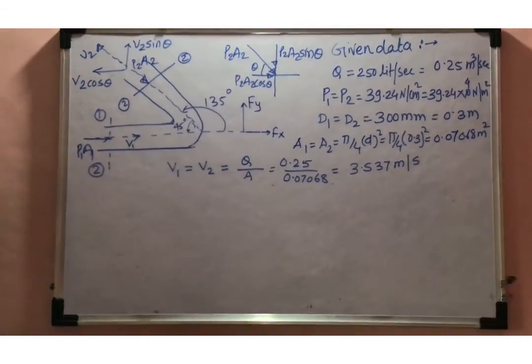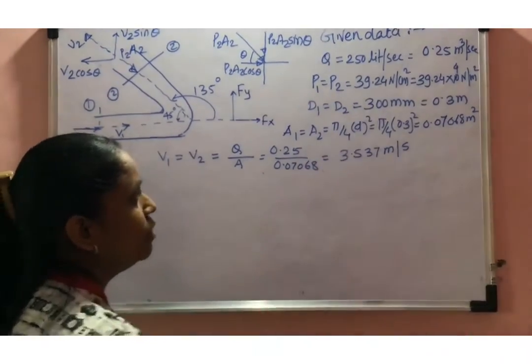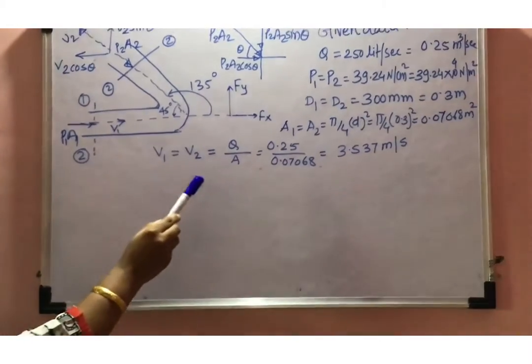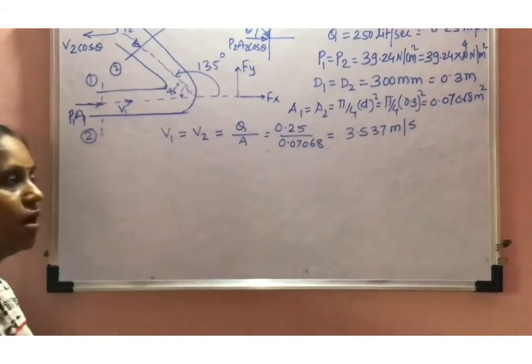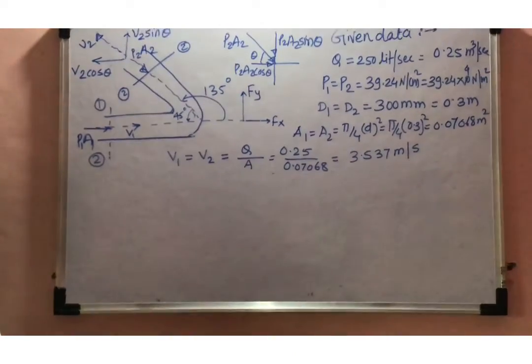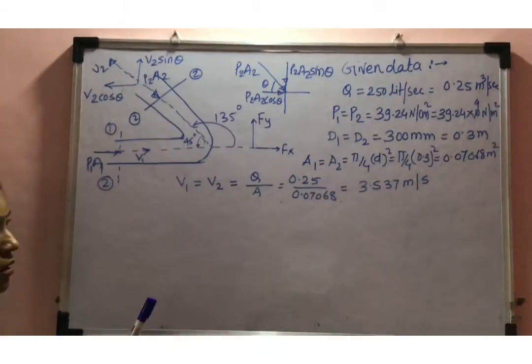In the problem it is given that the pipe has the same cross section. Same cross section means the diameter d1 is equal to d2, and that is given as 300 millimeter, and after converting it becomes 0.3 meter. Similarly, the pressure is also given.